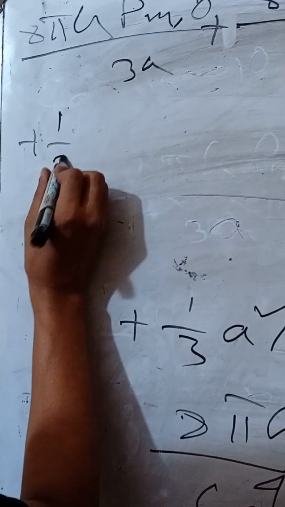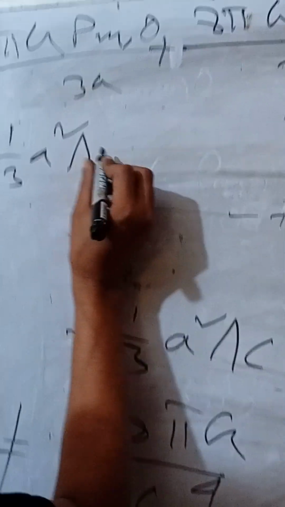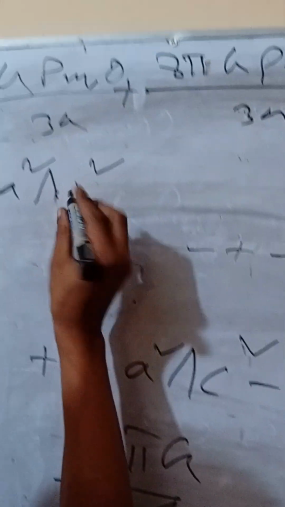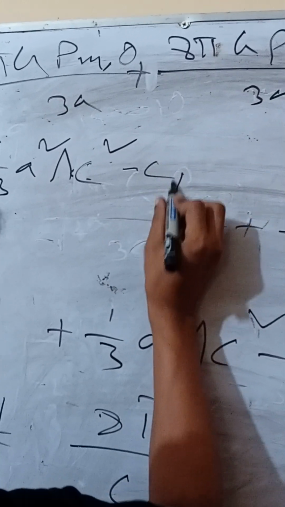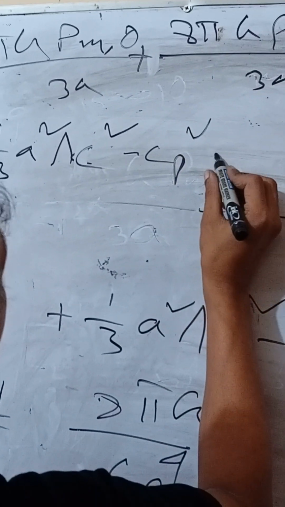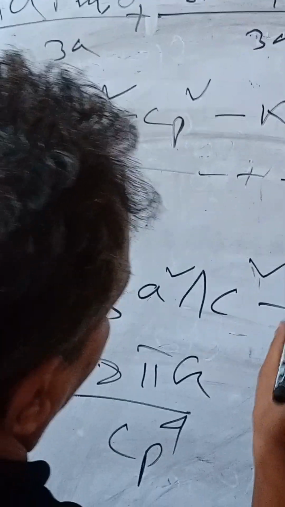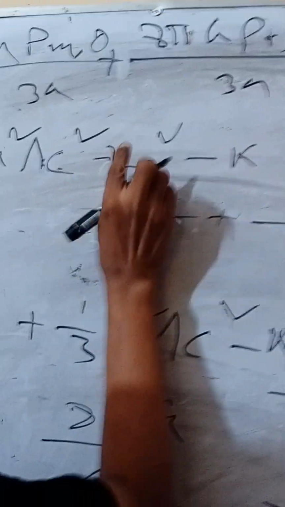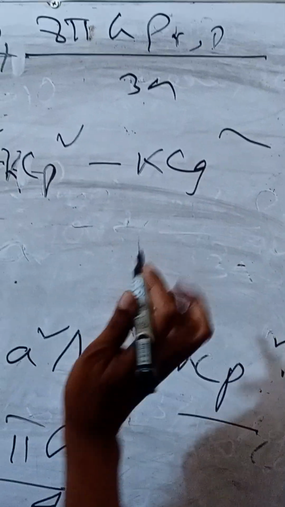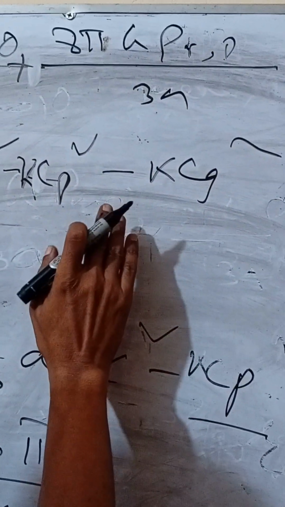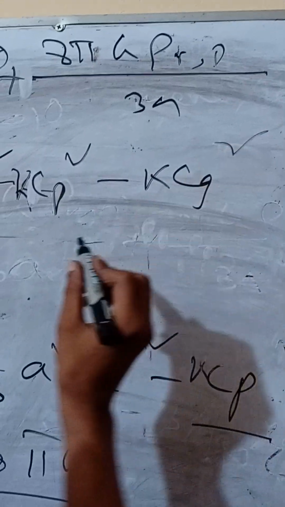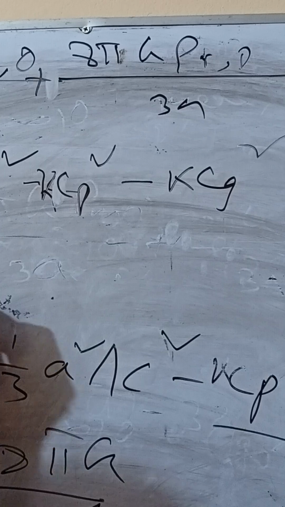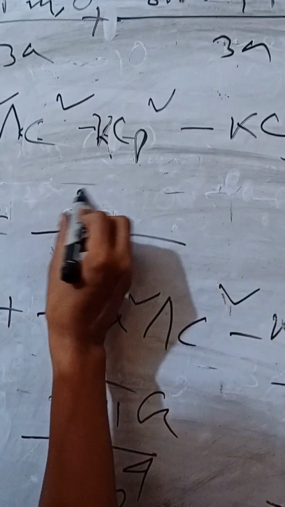1 by 3 S square cosmological C square, Cp square, minus K Cg square, and then I am minus K square this K Cg square minus in both sides.